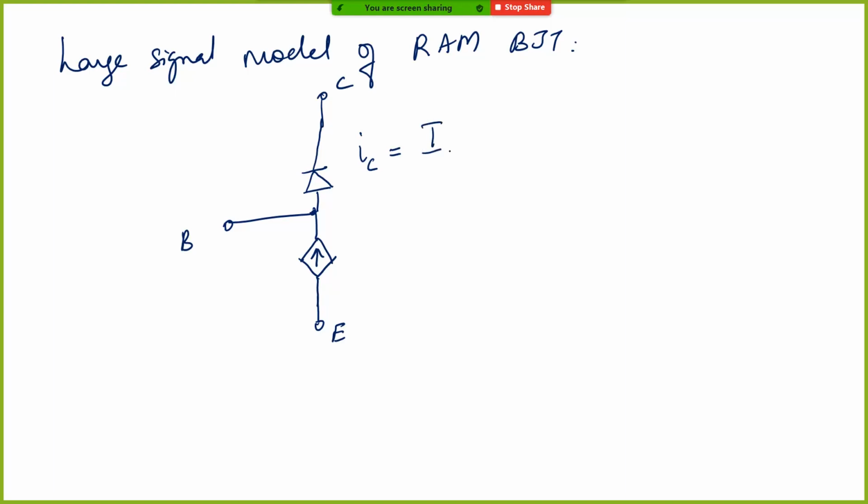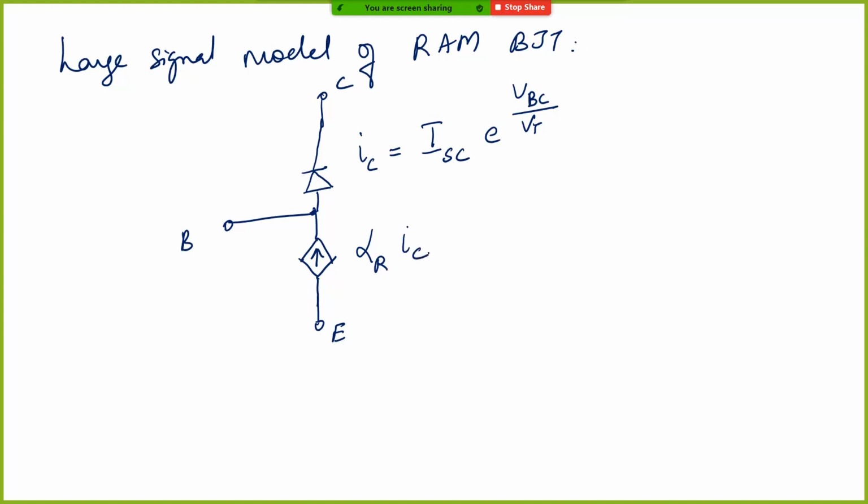Some ISC, which is the diode's reverse saturation current constant, e to the power of VBC divided by the thermal voltage. Now, what can be this current source value? Alpha R times IC.